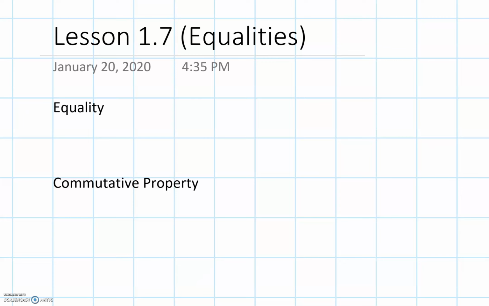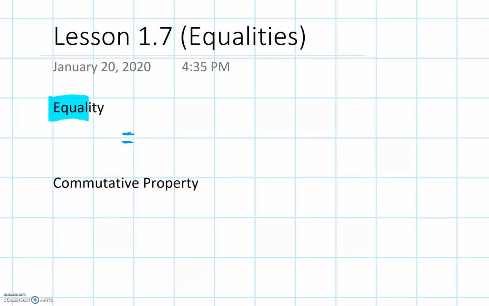If you look at the word equality, you will notice that it starts with equal. So if you think about math and the word equal, we use it when we have an equals sign. So we can say such and such equals such and such.